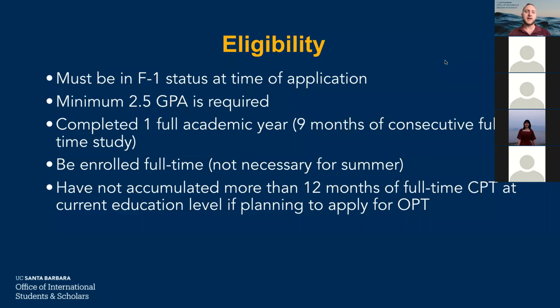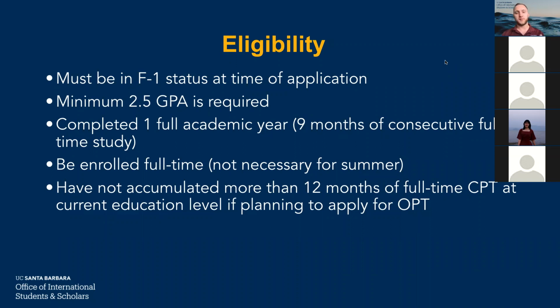Now, it doesn't mean that if you work 1 month of full-time CPT, then you lose 1 month of OPT. It only means that if you reach 12 months maximum of full-time CPT, so a cumulative 12 months of full-time CPT, then you are no longer eligible for OPT at all. So if you work 11 months of full-time CPT, you're still eligible for OPT.